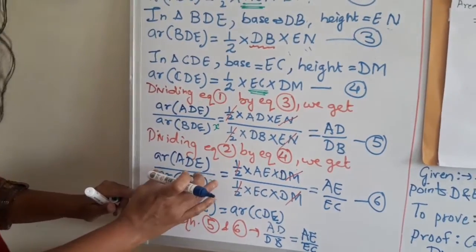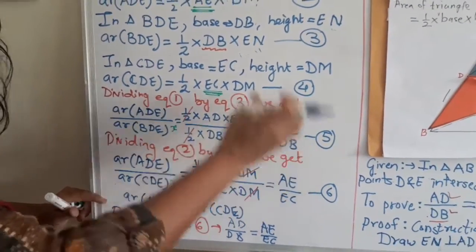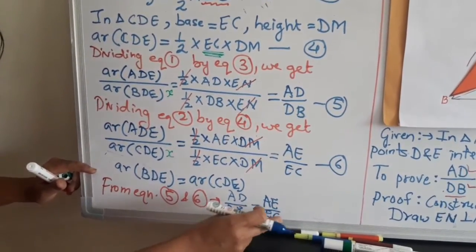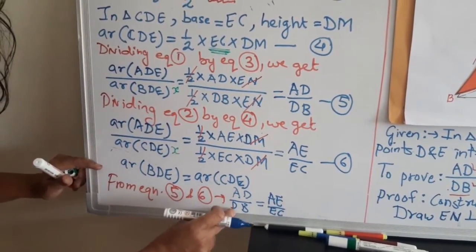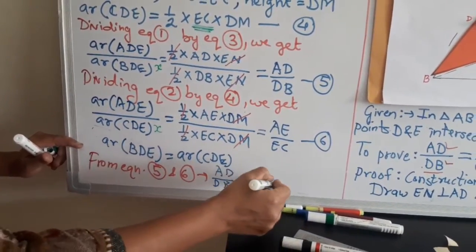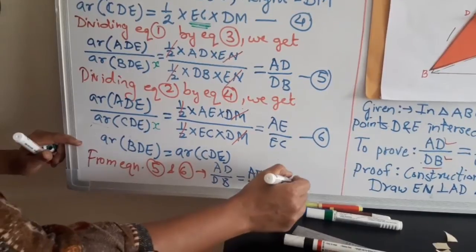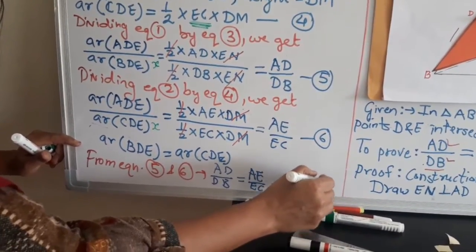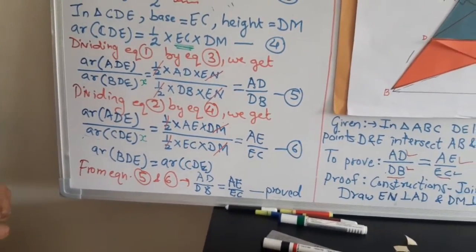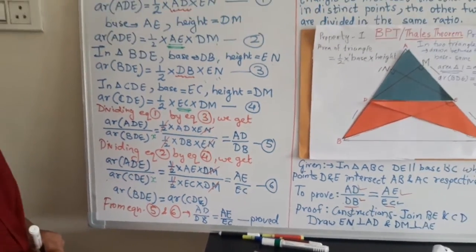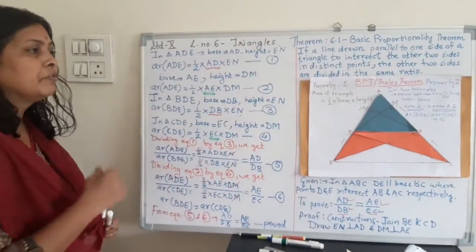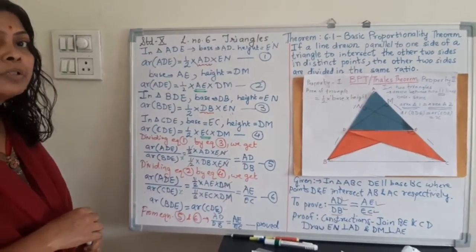It means RHS of equation 5 should be equal to RHS of equation 6. That is what we have proved: AD upon DB is equal to AE upon EC. So this is how we have proved what we had to prove. This is called the basic proportionality theorem or Thales theorem. Based on this, now we are solving the sums.